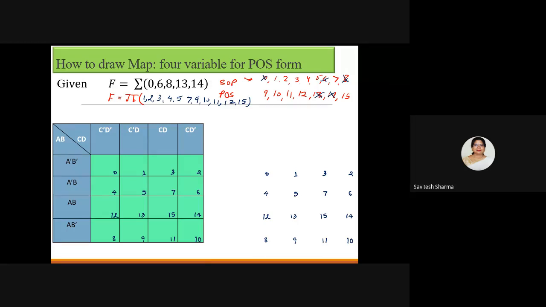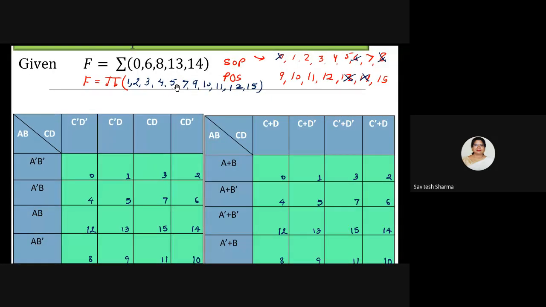If you know the min terms, you only need to see which numbers are missing. I know your sequence is 0 to 15, so I removed the numbers available in the SOP form and only wrote the numbers missing in this sequence. Everyone got it?